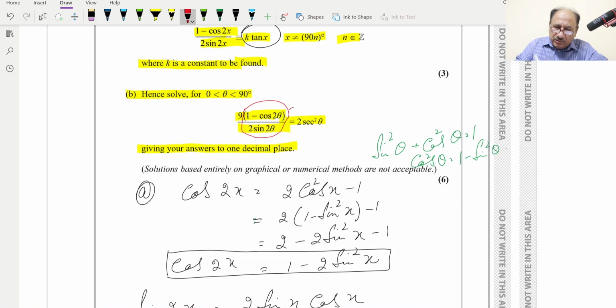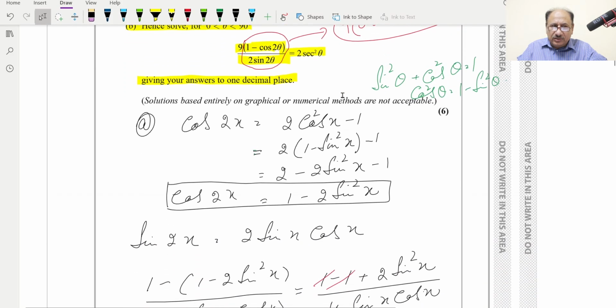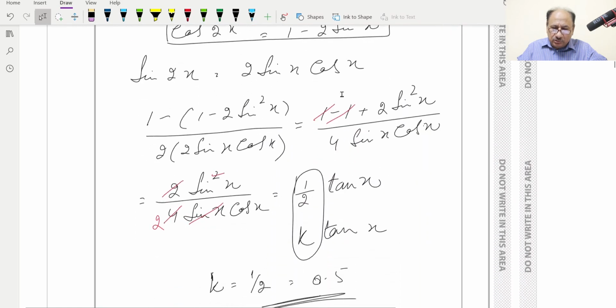So this equation we will transform into 9 into 0.5 tan theta is equal to 2 secant square theta. This is the equation we will start with, and we can write here 9 into 0.5 tan theta is equal to 2 secant square theta.